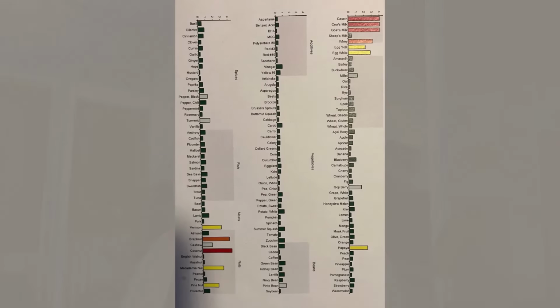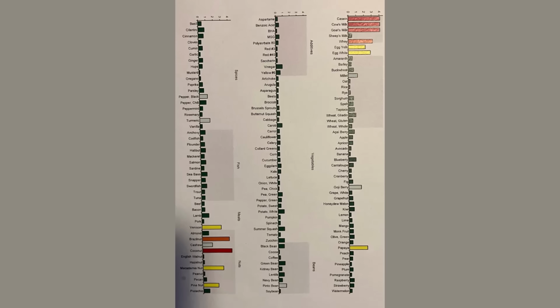These are my results, and I want to go through them and use them to show you what can be done for yourself and how you can get more evidence to see what foods are causing a problem for you.